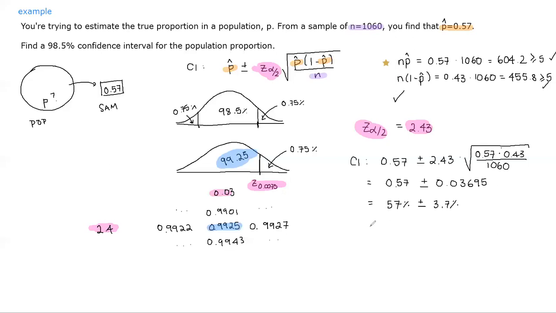And so my confidence interval here is 57% plus or minus 3.7%, which is the same as 53.3% to 60.7%.